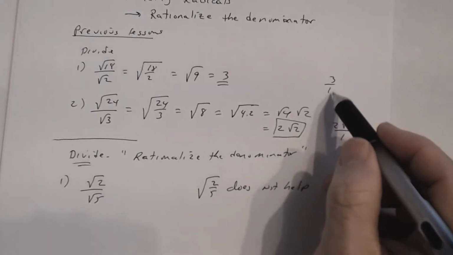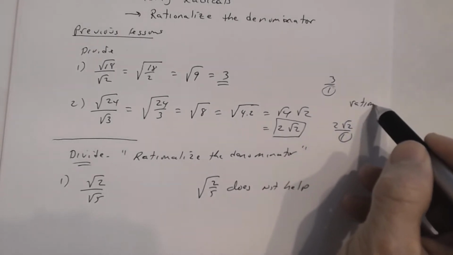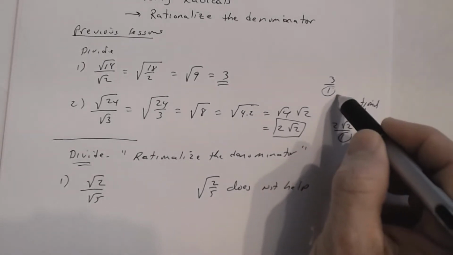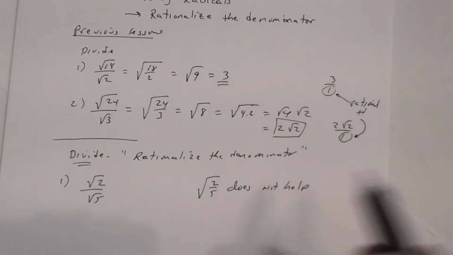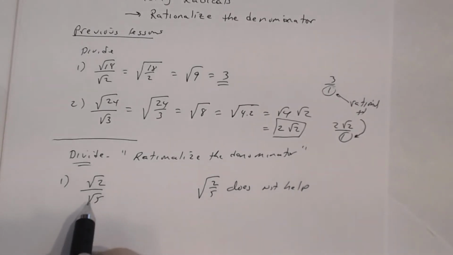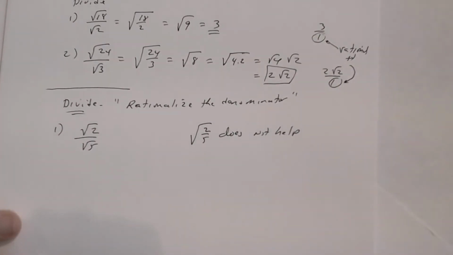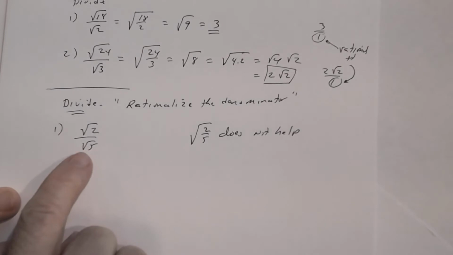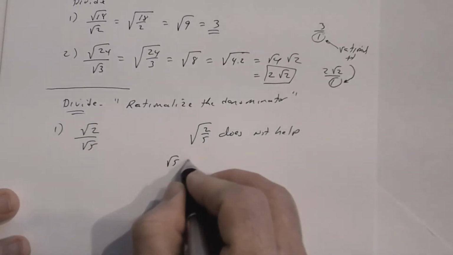Notice the denominator is a rational number in both cases. So whenever you're dealing with square roots, you need to ask yourself, first of all, is the square root of 5 rational or irrational? Remember, in the previous lesson, we said that a square root is rational if the radicand is a perfect square. So is 5 a perfect square? No. So it's an irrational number. Note the square root of 5 is irrational.